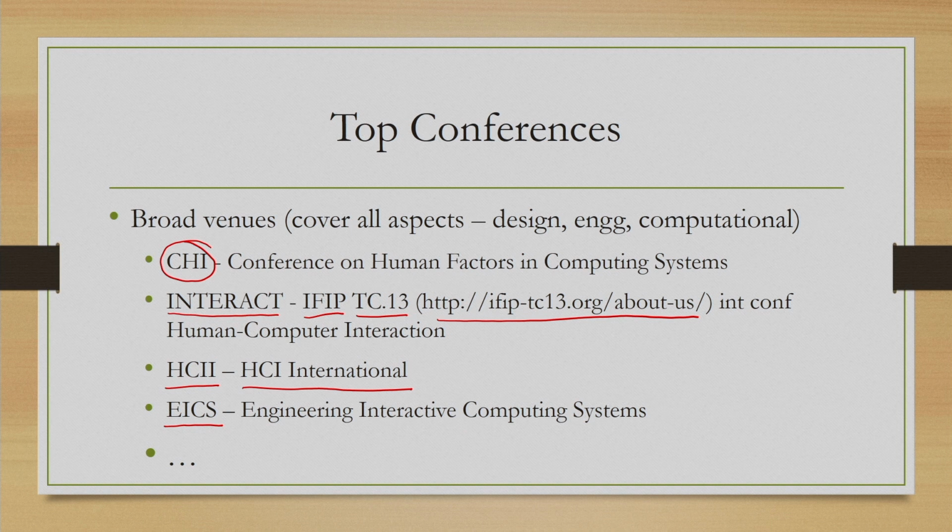This conference is also partly supported by the SIG-CHI group, but its main focus is primarily towards the engineering aspects of design of interactive systems, unlike the other three where all aspects are covered, design, engineering and computational aspects, which we have covered in this course. So, these are the most popular conferences. Along with that, there are some other smaller conferences on these broader aspects of interactive system design.